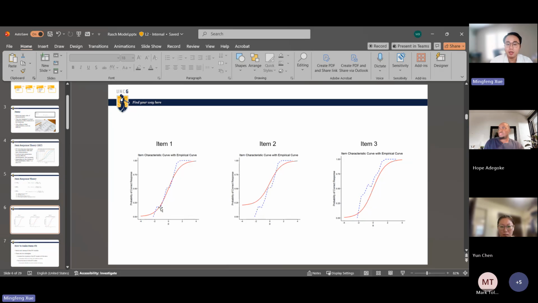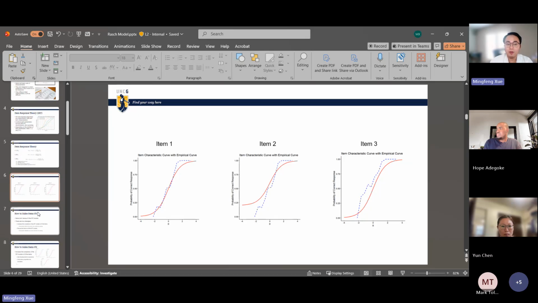This is our empirical evidence, the empirical responses in the blue dashed curve. So that is the deviance. And this is the 2-parameter IRT model, and the 3-parameter IRT model. You can see our items are not always perfect. Therefore, there is always some misfit between our observation and the expectation.